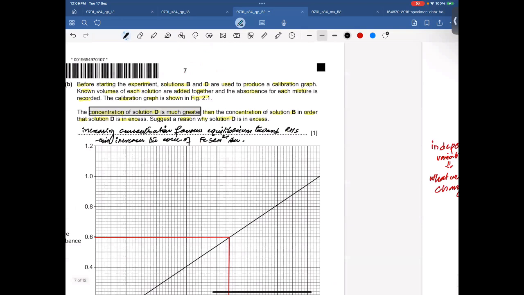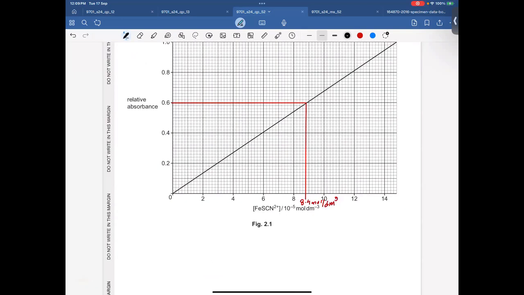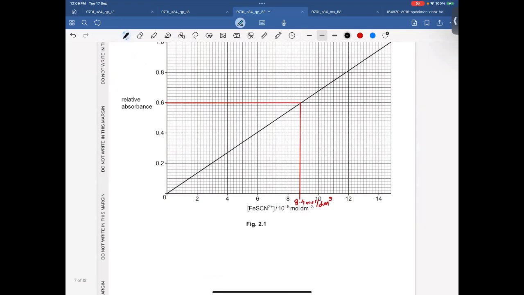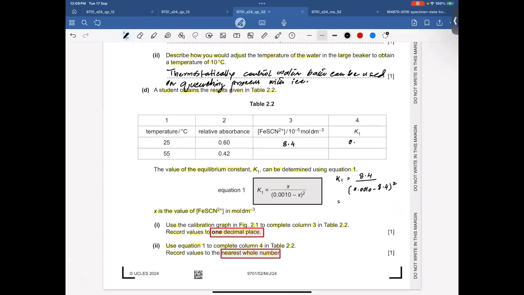Let me check. No. I made a mistake, I think. The value of x is 8.4. 0.0010 minus 8.4.